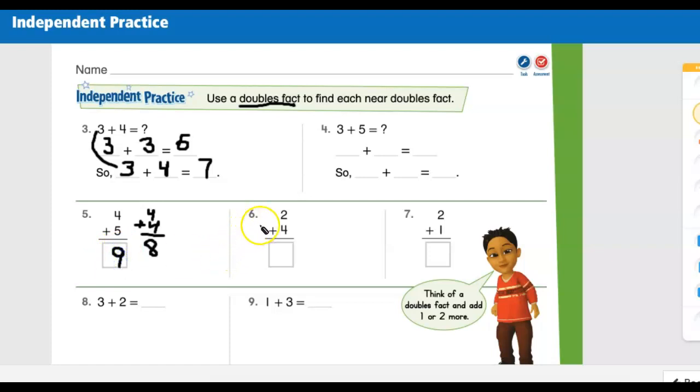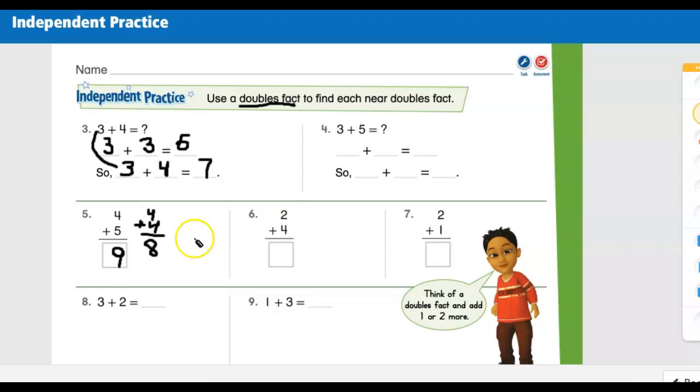So when you're solving numbers 6 and 7, write a doubles fact that you could use, and then you are going to see how many more you are adding, and then add that to your doubles fact answer.